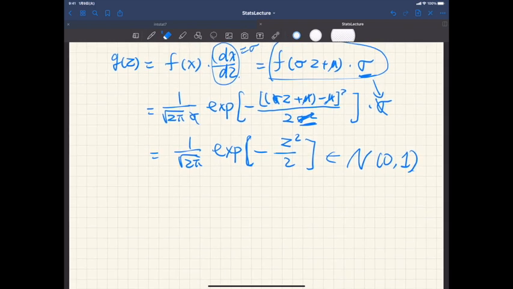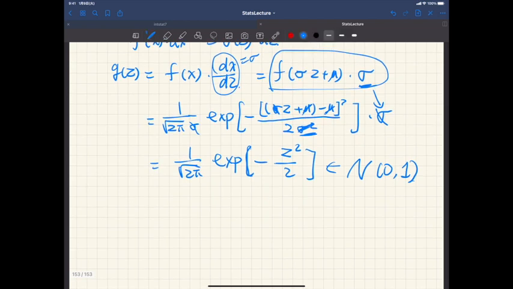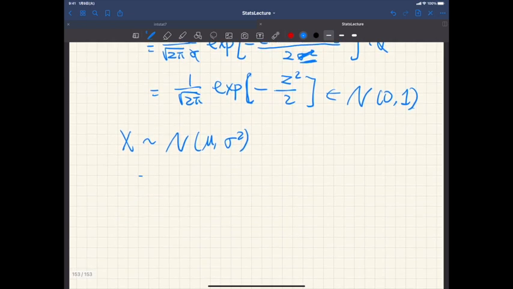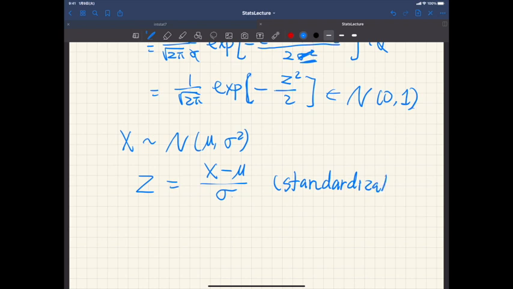So that means if x follows the normal distribution with mu and sigma squared, then if you define z, do you remember what we call this transformation? Subtract mu, the mean, and divide by the standard deviation. This is called standardization of a random variable.